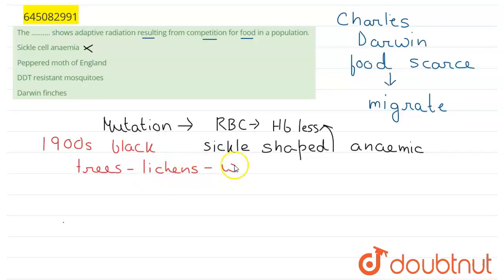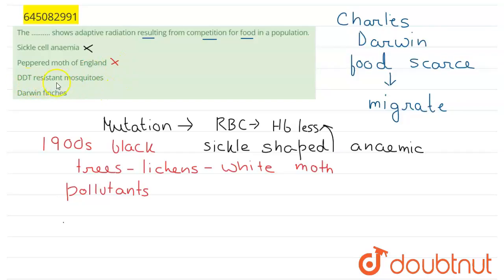But as the Industrial Revolution happened and there was a huge amount of pollution, the black peppered moths became more in number because they could easily hide because of the soot present in the air and on the trees. So this is also a wrong option because there is no competition for food here.